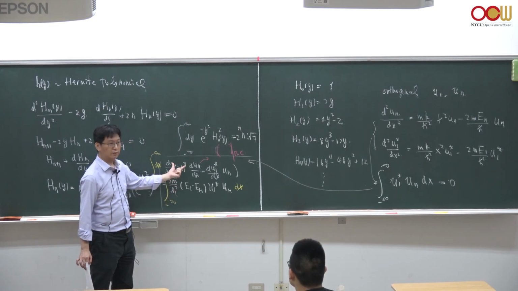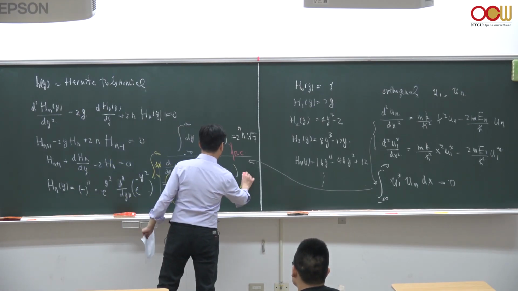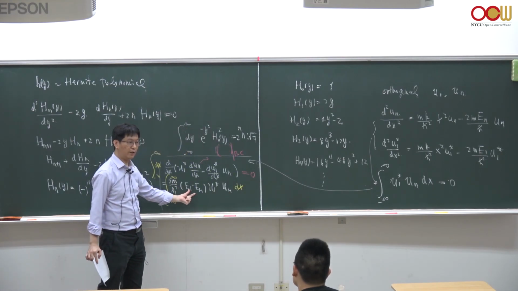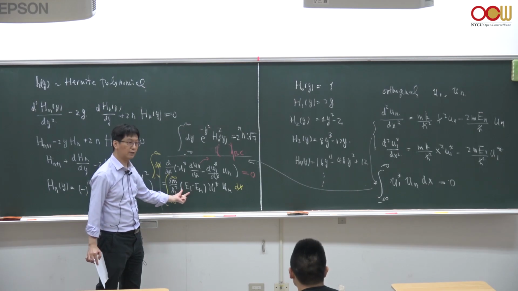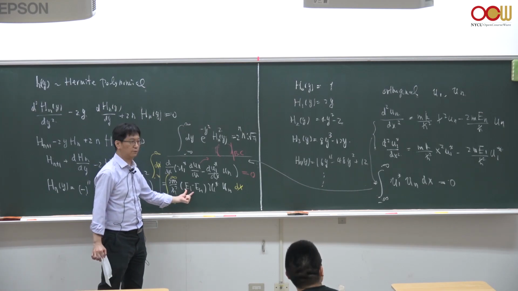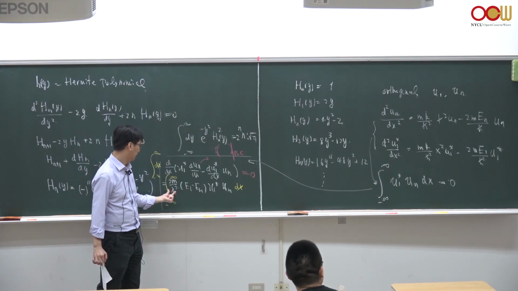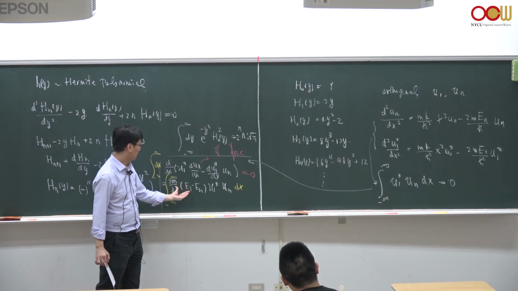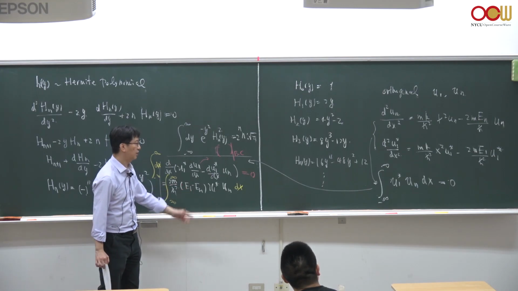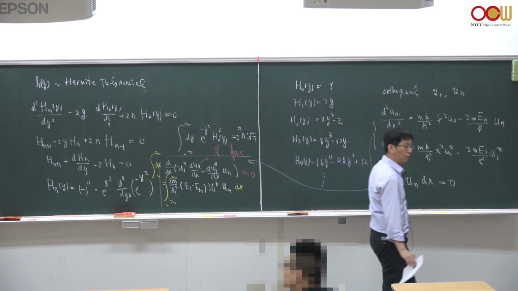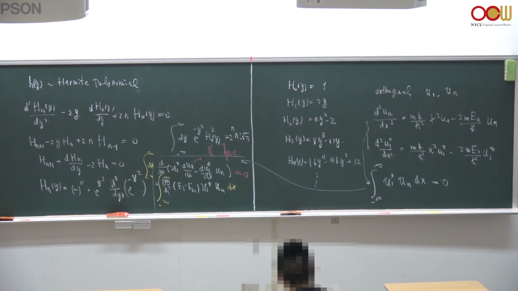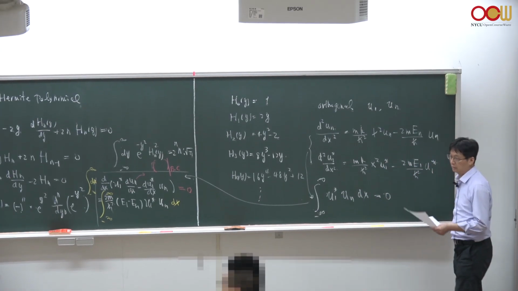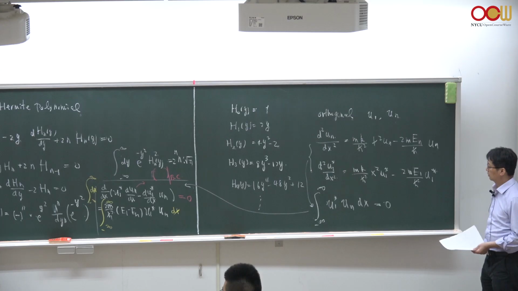On the top, we find this is 0, but on the bottom line, since E1 is not the same as En, because there are two different eigenstates, the eigenenergy should be different. So the factor E1 minus En should be finite, and this 2m over h bar squared is also a finite prefactor. So these factors cannot be 0. The only way that this term is 0 is if the overlap integral is 0. So by this kind of calculation, we can show that for different eigenstates, the eigenfunctions should be orthogonal.